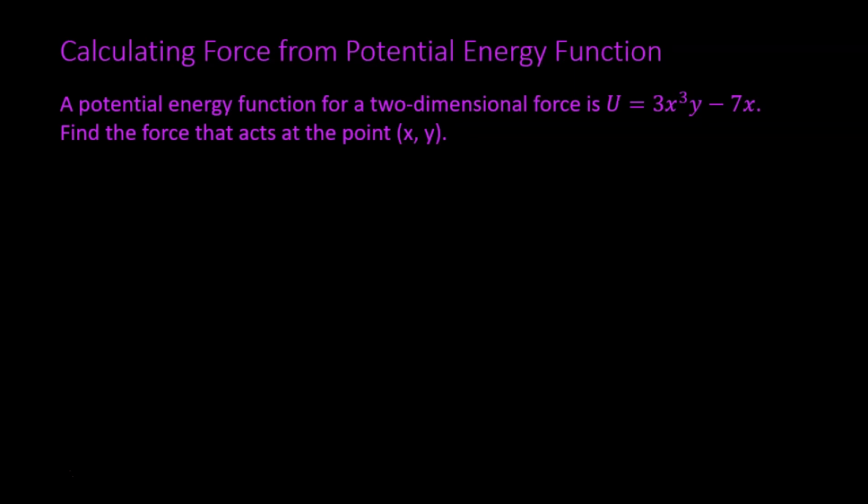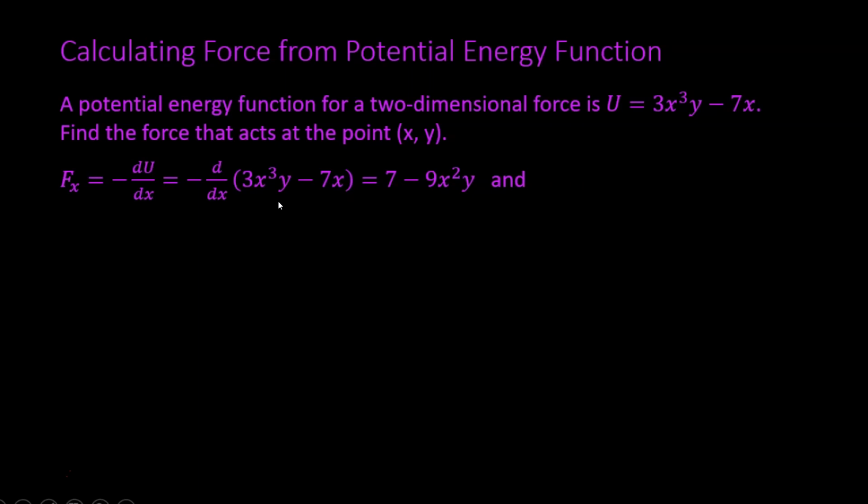So we have a potential energy function for a 2-dimensional force, and it is U equals 3x cubed y minus 7x. We want to find the force that acts at the point (x, y). Because U is a function of both dimensions, that's why they call it a 2-dimensional force. We have to look at each dimension separately. The force in the x dimension is going to be equal to negative dU/dx.